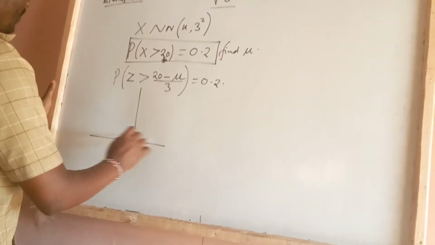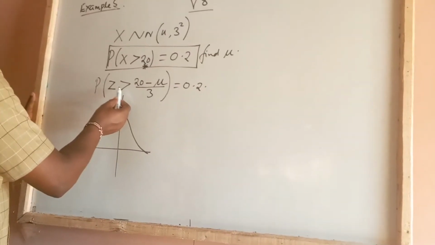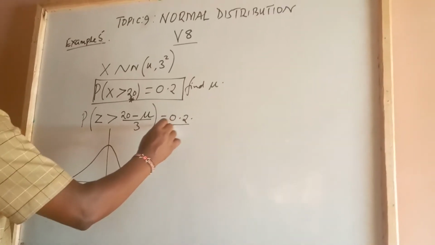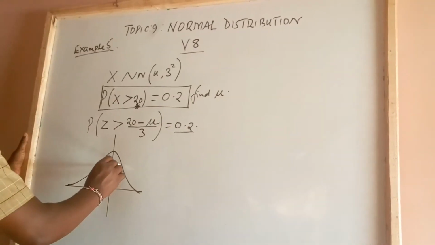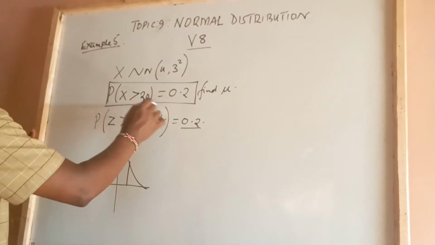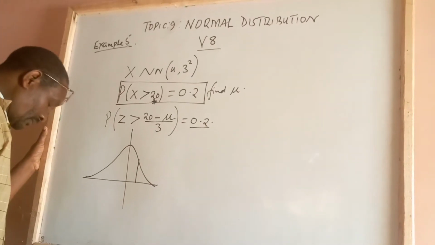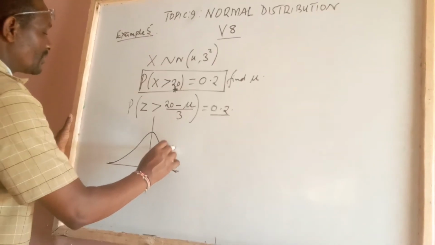Diagrammatically, we are talking of something that looks like this. It is greater than, so the region is to the right, and the probability is 0.2, far less than half. So the value of whatever we are going to have as our z is going to be positive, because this is 0.2.